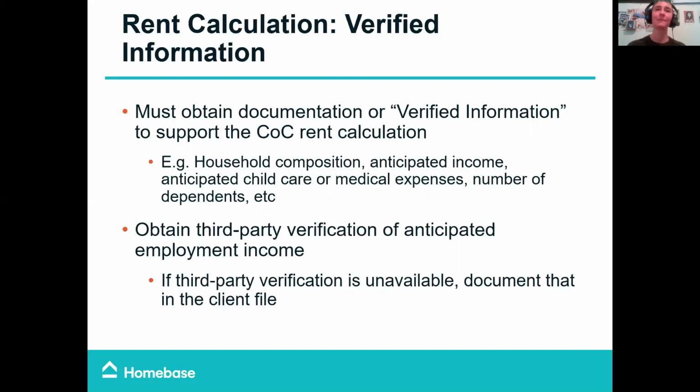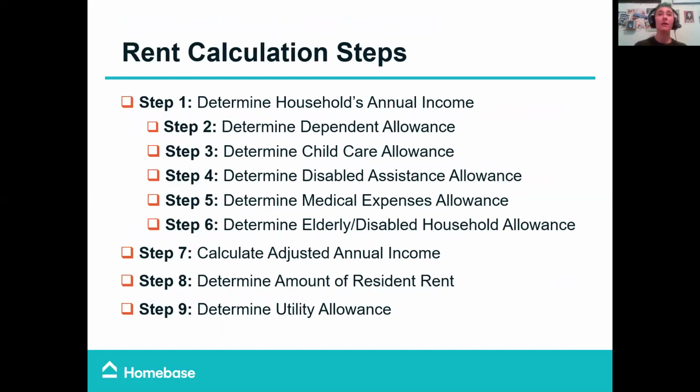Next slide, please. So there are a number of steps to calculating a client portion of rent using that 30%, 10% HUD standard. Step one is always going to be to determine the household's total annual income. That's where you're starting. And then the next 5 steps are going to be determining their eligibility for different allowances.